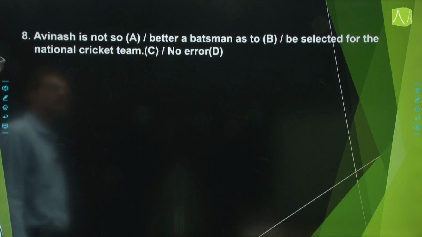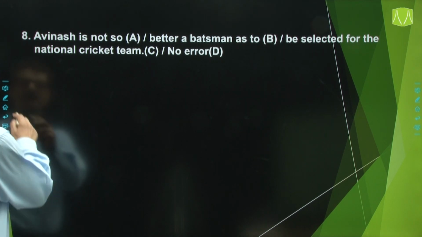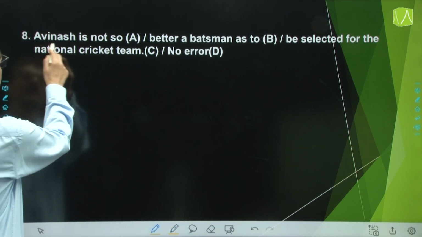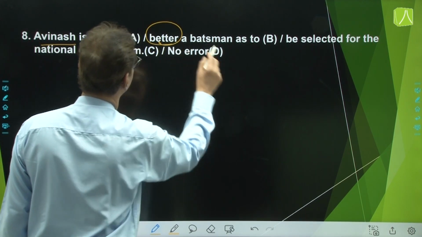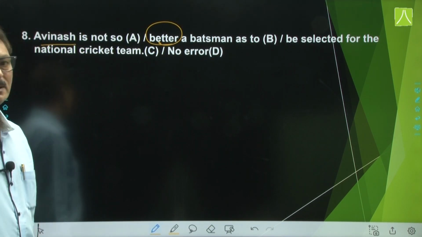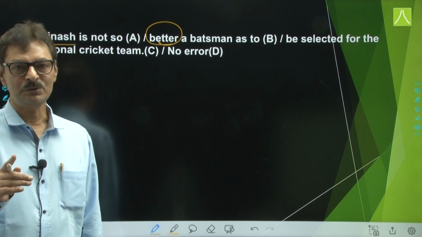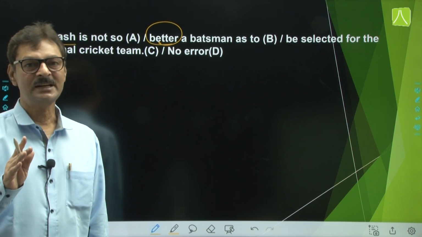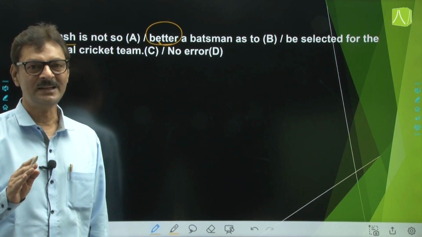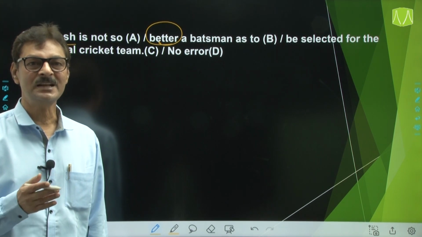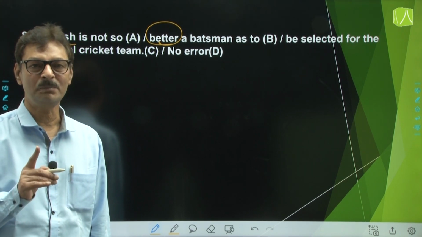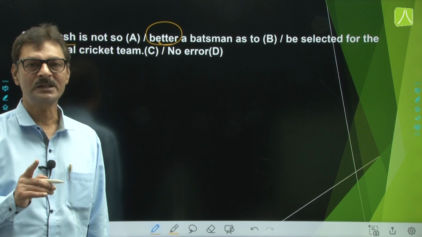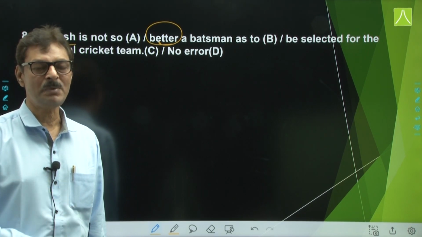Avinash is not so better a batsman. Yes. Avinash की बात कर रहे हैं. Better. Which case should be used? Which degree should be used? Positive degree or comparative degree? यहाँ तो अविनाश की बात कर रहे हैं. Talking about one player. So only the positive degree should have been used, not the comparative degree.